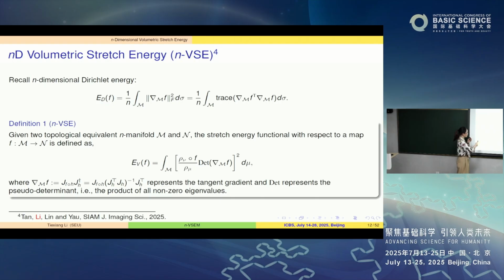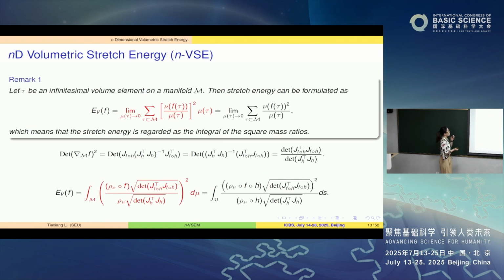So now we define the pseudo determinant to mean the product of all non-zero eigenvalues. Then we define the structure energy like this one. We should pay attention here: here is a ratio of this density, and here is a square.